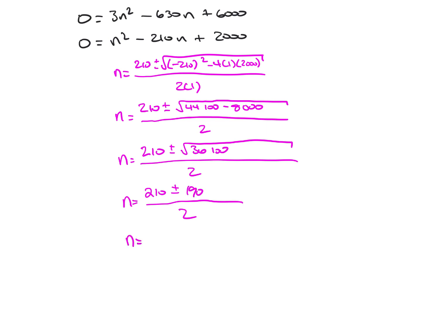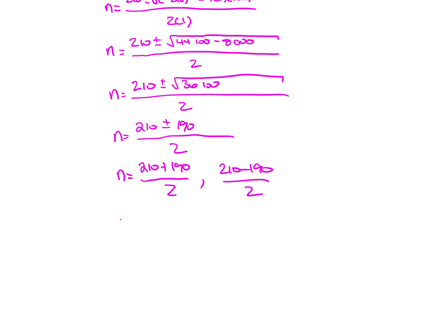So we get 210 plus or minus 190, so 400 over 2 or 20 over 2. So we either get 200 or 10.